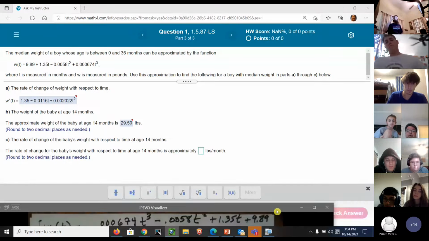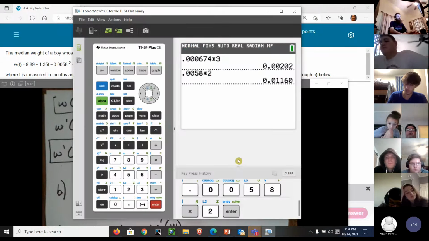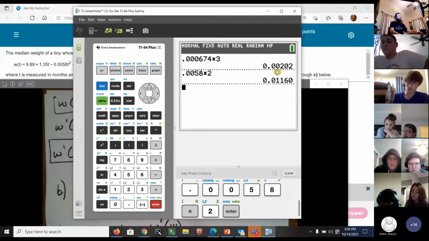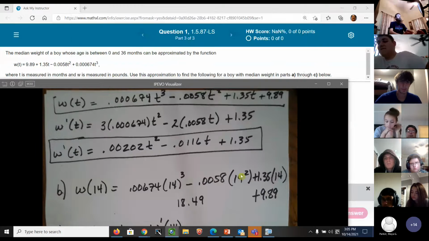Calculator, 0.00674 times 3. No, we got a 0 right there. 0.00202. Doesn't matter if it's after the 2. I think that one's right, but let's see what the third one is.